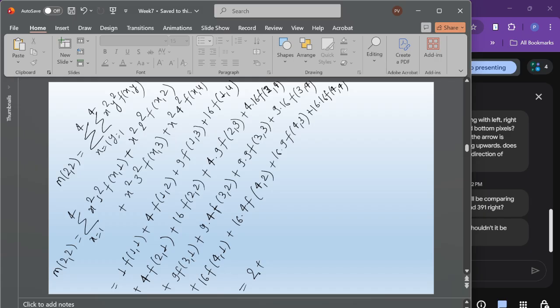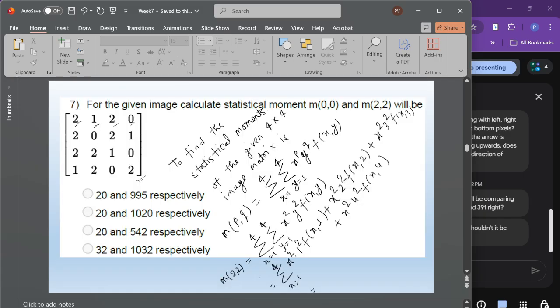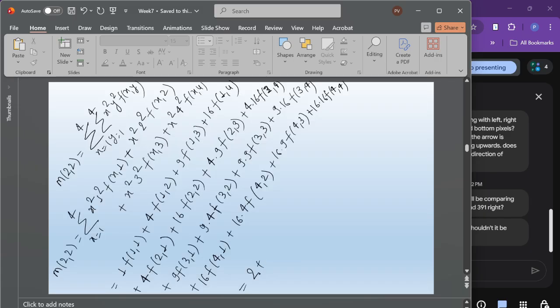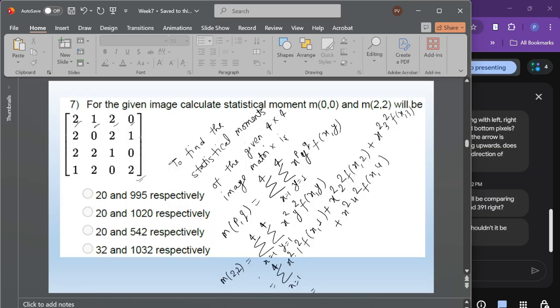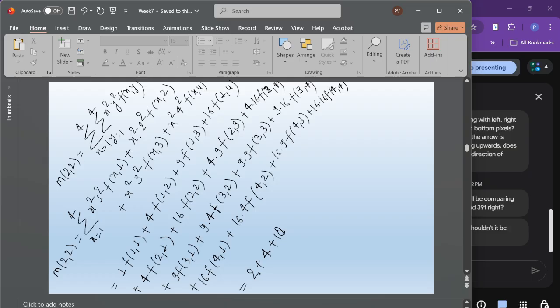Next, 4 into 1 is 4. Like that we have to multiply. F13 is 2, so 9 into 2 is 18, and F14 is 0, so 0. Similarly for all the next values.